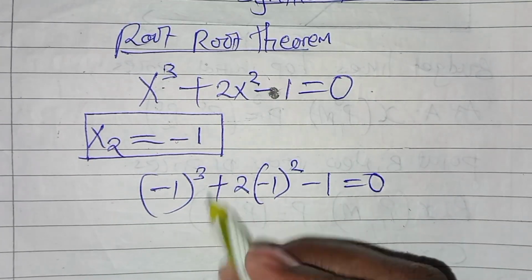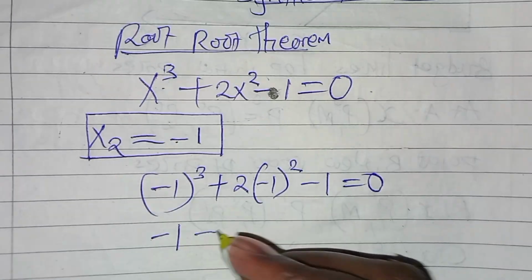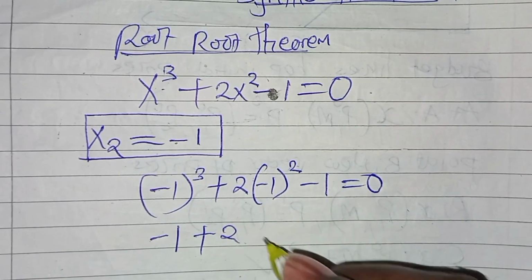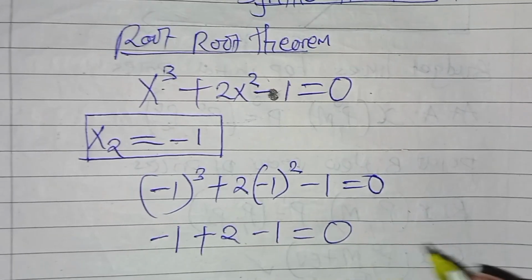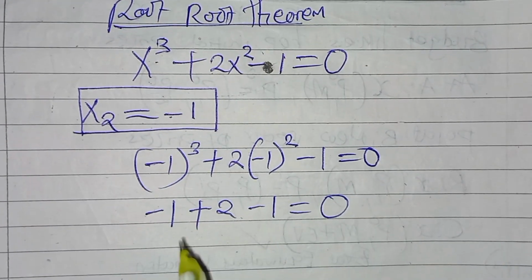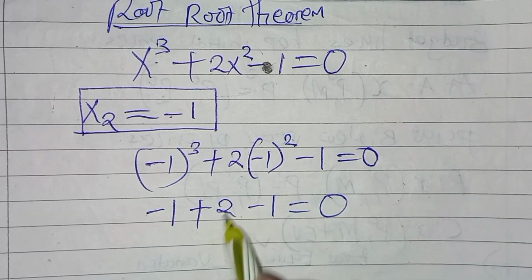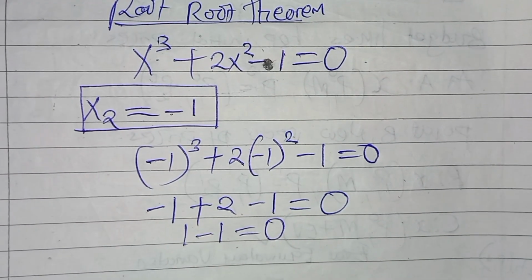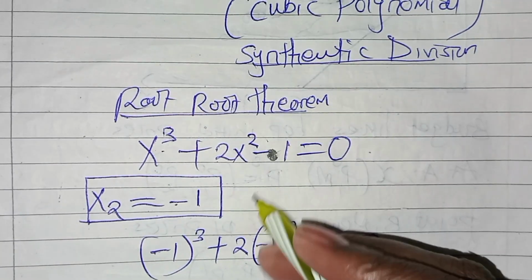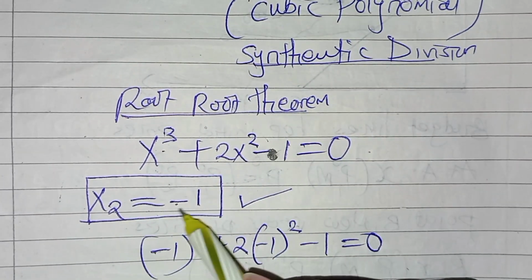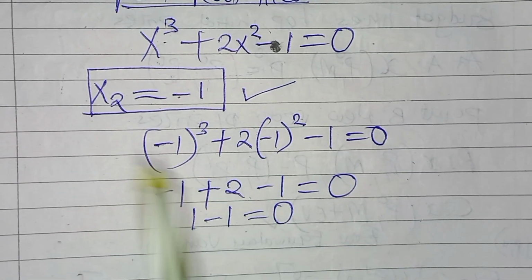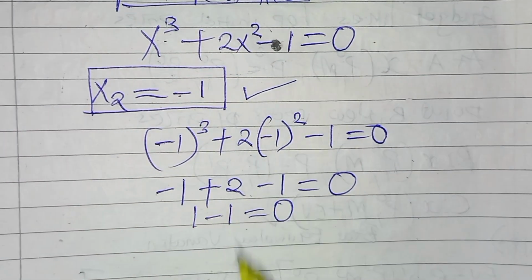Negative 1 cubed is negative 1, plus negative 1 squared, which is 1, times 2 is 2, subtract 1. So we have negative 1 plus 2, which is 1, subtract 1, equal to 0. That shows that x2, which is negative 1, satisfies the equation. So already we have x2, the second solution.